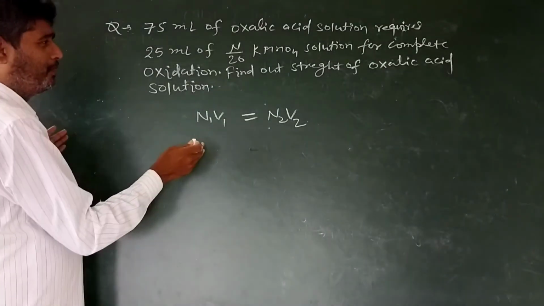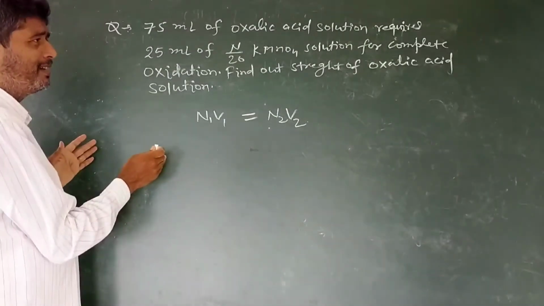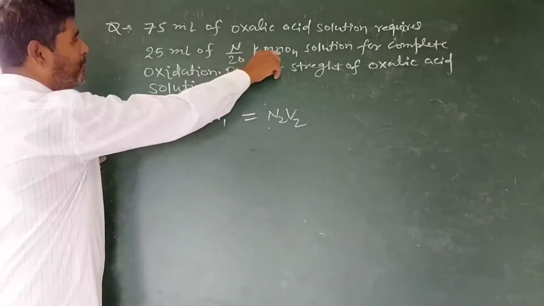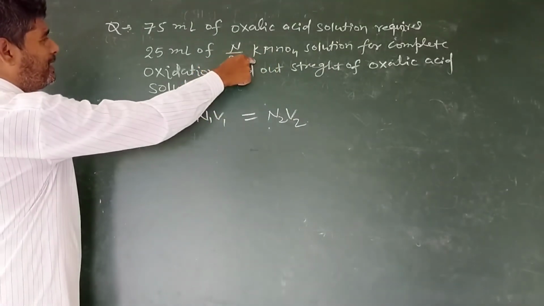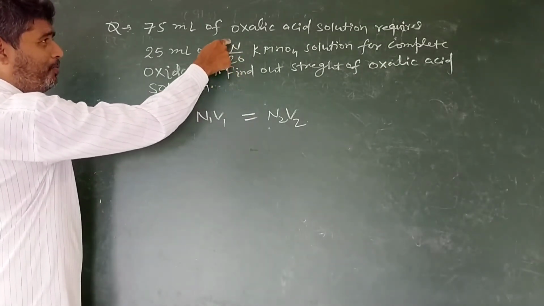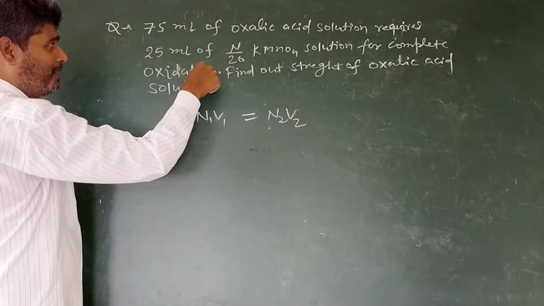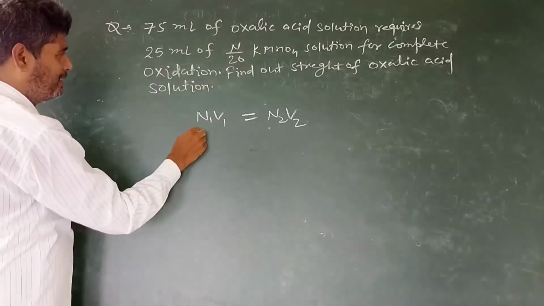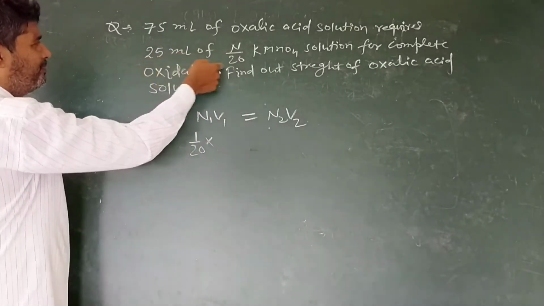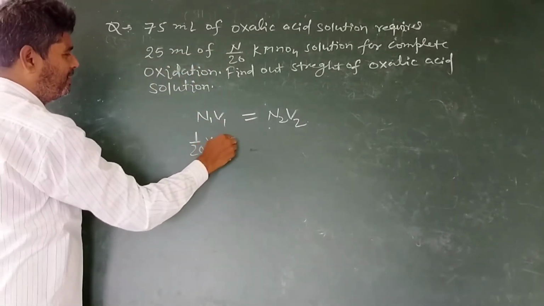So suppose we choose LHS for the known solution, meaning the KMnO4 solution. The normality of KMnO4 is N by 20, but we will write only 1 by 20. N is not written. So 1 by 20 into the corresponding volume 25.